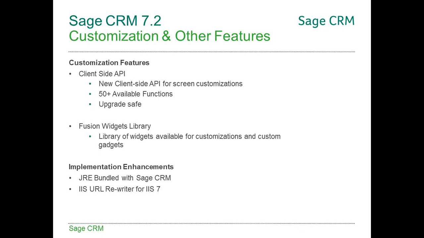Finally, for those of you that maybe have had challenges with the Tomcat environment in supporting things like dashboards and so forth inside Sage CRM, the challenge has been not so much our implementation of it, but things when, for example, there was a new Java runtime engine distributed automatically down to the operating server. Oftentimes that would go through automatically without the system administrator knowing, and occasionally caused problems with our running of Tomcat.